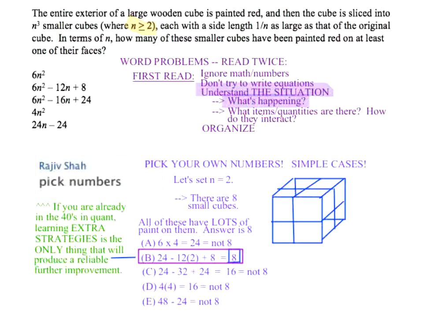We'll look at the algebra solution for completeness, but for the person who asked about it, the best response I can give is that if you have a quant score of 40 or higher already, you shouldn't even care what the algebra solution is. This is where you're going to get extra mileage. Algebra is algebra, you're going to be able to do it or you're not. But if you're not doing things like this, that's a thing.